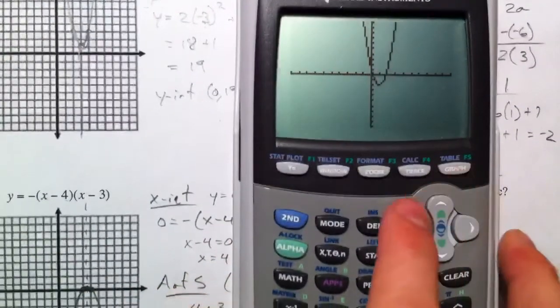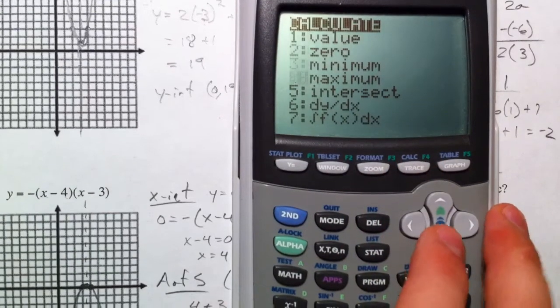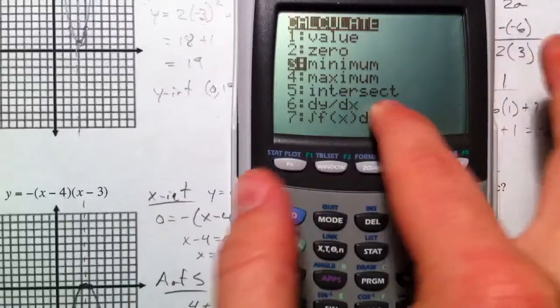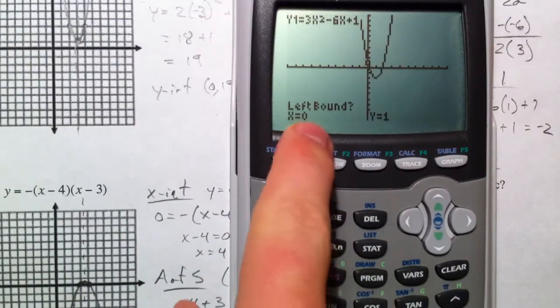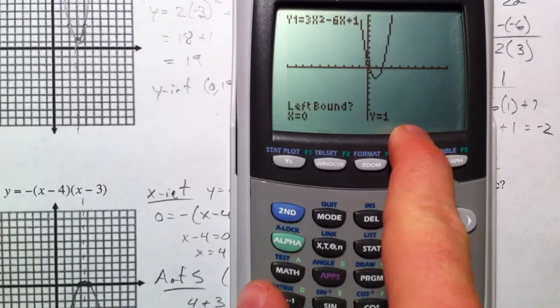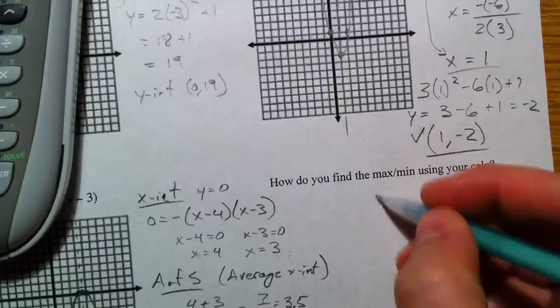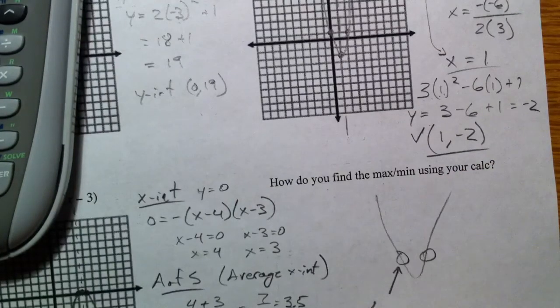If you hit second and then trace, it'll get you to minimum and maximum. Because ours goes like this, we have a minimum, the lowest value. Now it's going to give you left bound and right bound. You're going to tell the calculator this is left bound and this is right bound.